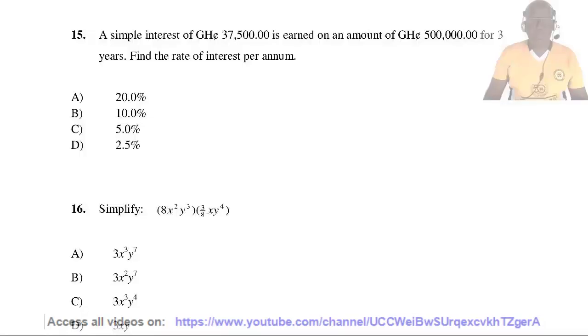Question 15. A simple interest of 37,500 Ghana cedis is earned on an amount of 500,000 Ghana cedis for 3 years. Find the rate of interest per annum. We know that the interest equals principal times the time times the rate. The interest has been given as 37,500. The principal is 500,000.